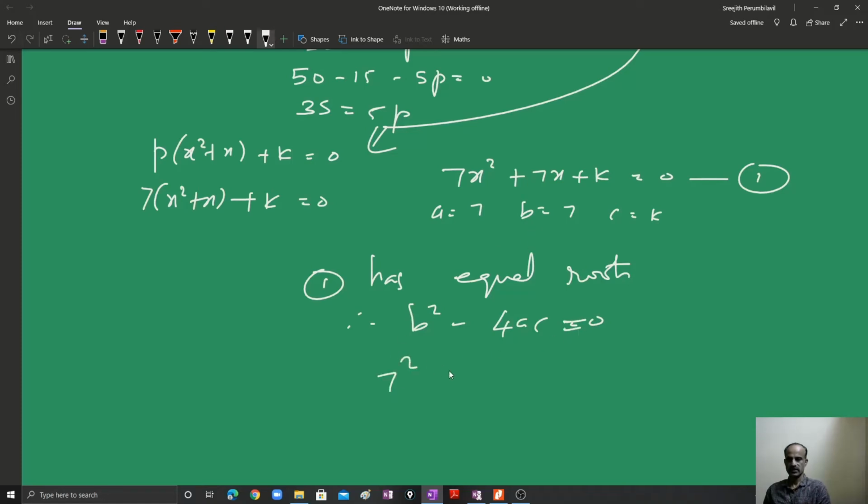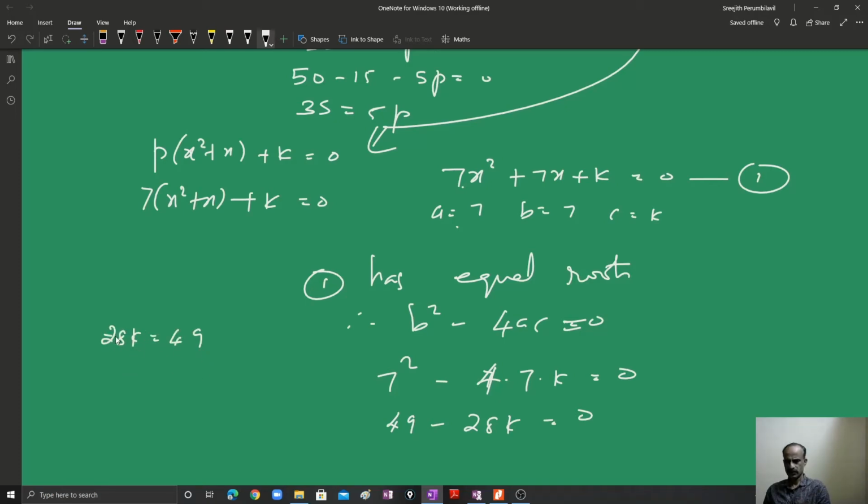So 7 square minus 4 into 7 into k is equal to 0. So 49 minus 28k is equal to 0, or 28k equal to 49.